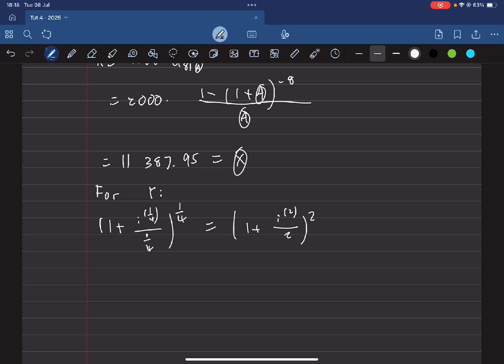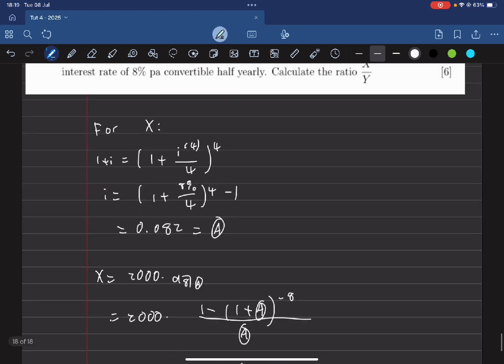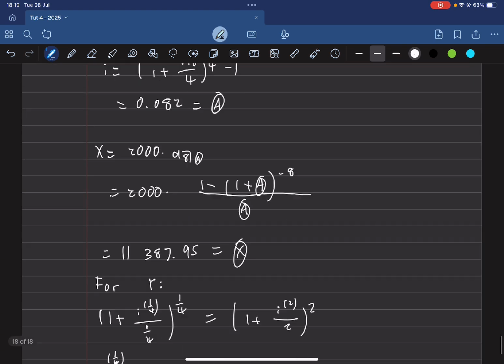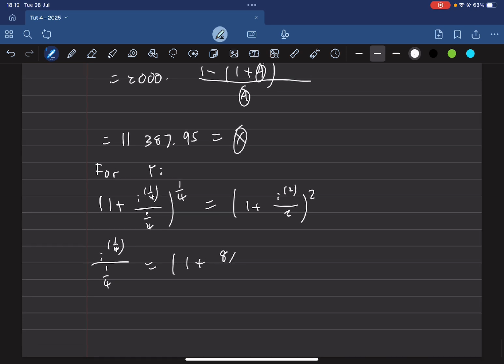Okay, so now we want to solve for just this part. So we're going to get i(1/4) over 1/4 is going to be 1 plus i(2), which was 8%, over 2, to the power of 2, and then we need to raise all of this to the power of 4, because we want to get rid of that, and then we need minus 1.